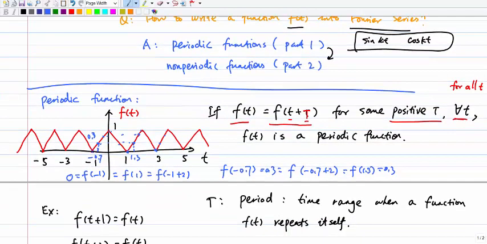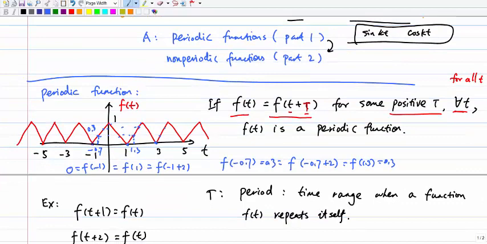Now, given a periodic function, we can define a period. If f(t) is equal to f(t + T) for some positive T, this T is called a period, which is defined as a time range when a function f(t) repeats itself.